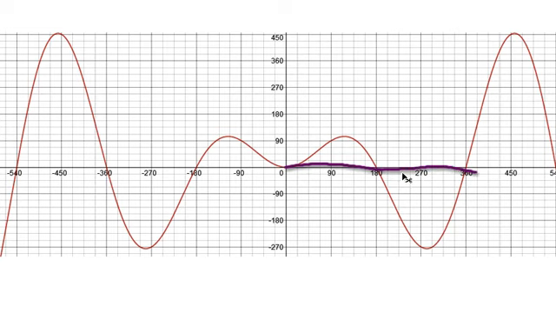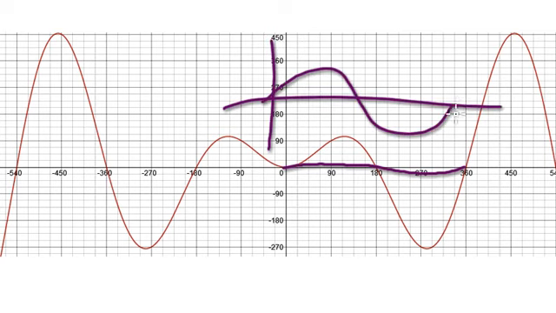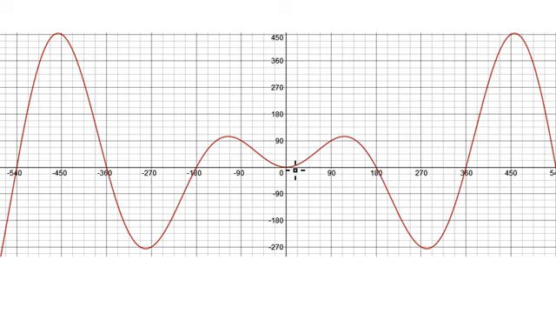One period is like this, and this here is 360, this here is 180, this here is 90. So your normal sine of x graph will look something like this.